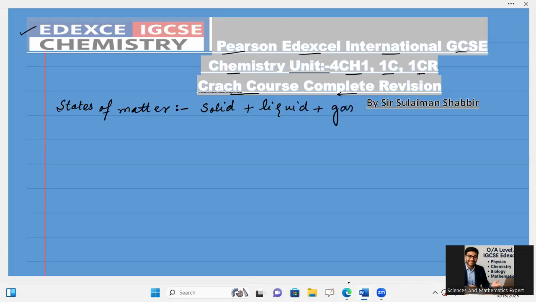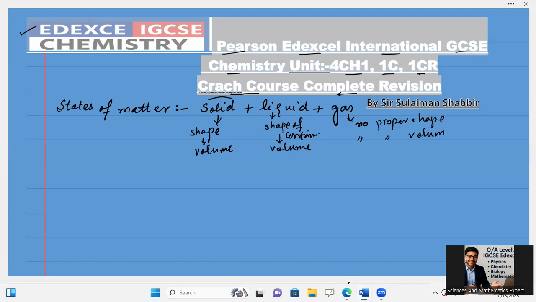Solid has a fixed shape and fixed volume, and liquid has the shape of its container and a fixed volume. And gas has no proper shape or volume.